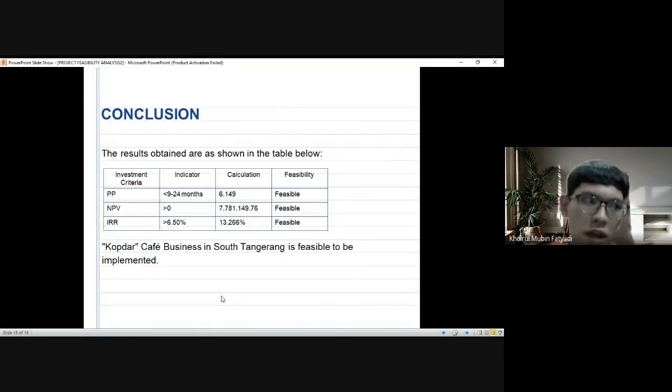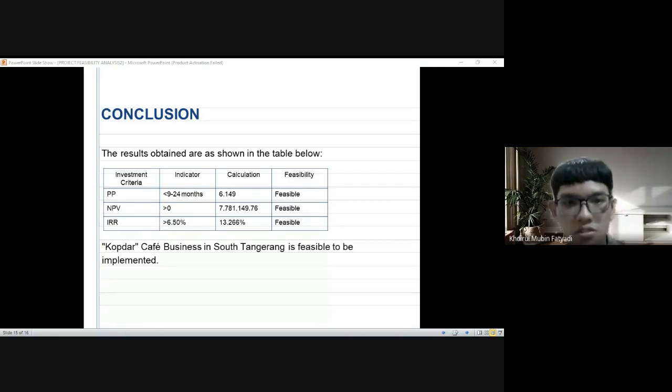So, based on the three calculations, the results obtained are as shown in the table below. The analyzed results indicate that PP was at 6.1 months, earlier than the PP existing in the research area, namely in the range of 9 to 24 months.